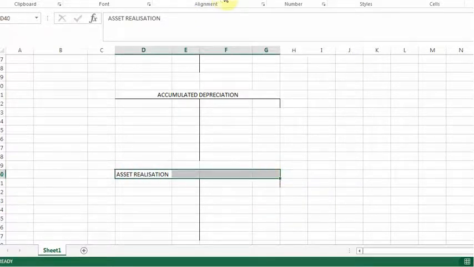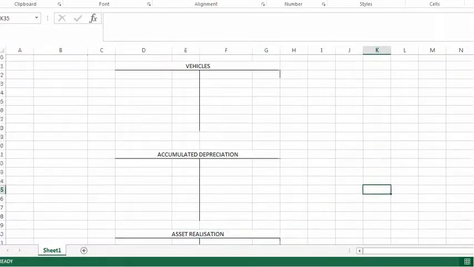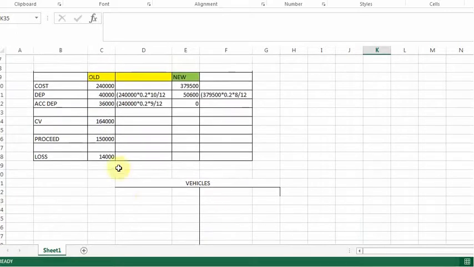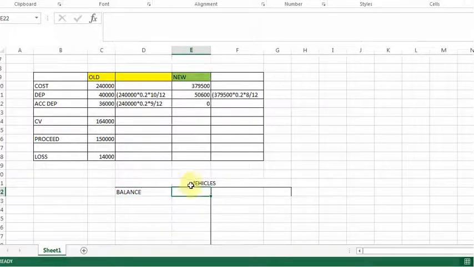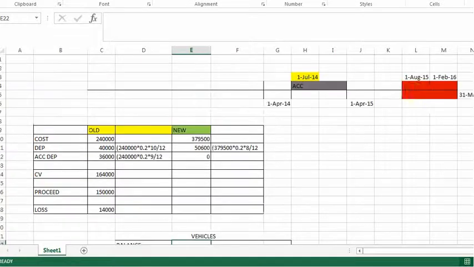Right, let's begin. If I look at my vehicle account, I would have had a balance at the beginning of the year, and that would have been only the cost price of the old vehicle, because that's the only vehicle I had at the beginning of the year. If I look at my timeline, the new vehicle was only obtained in August.